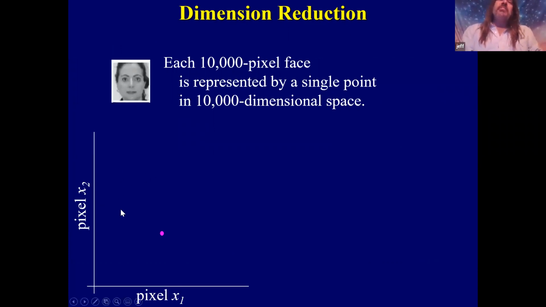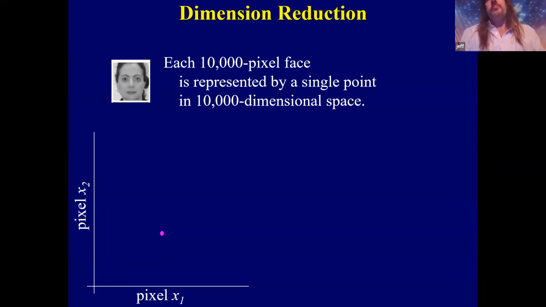As we've said before, you can think of this image with 10,000 numbers as just a vector. It's just a list of 10,000 numbers. And so you can put a dot in a space. This is a 10,000 dimensional space, right? What color the first pixel is is our first dimension, and then how bright the second pixel is, and so forth.